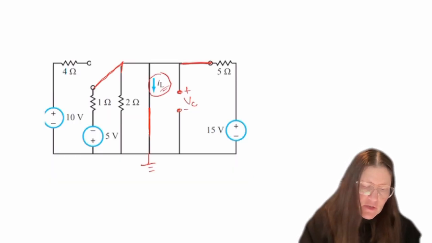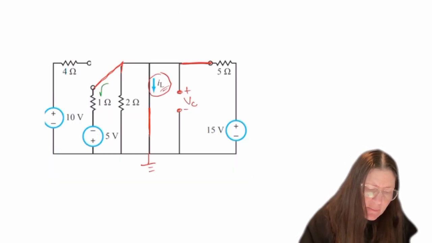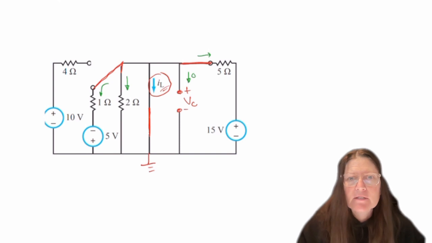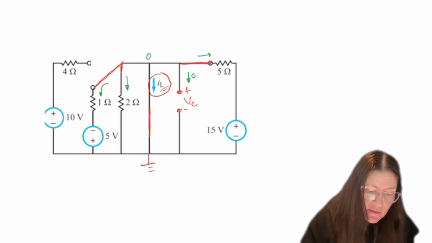So we're going to need to know the current in this branch, and in this branch will be 0, which makes it easy. So the leftmost current is going to be, and this will be 0 volts.